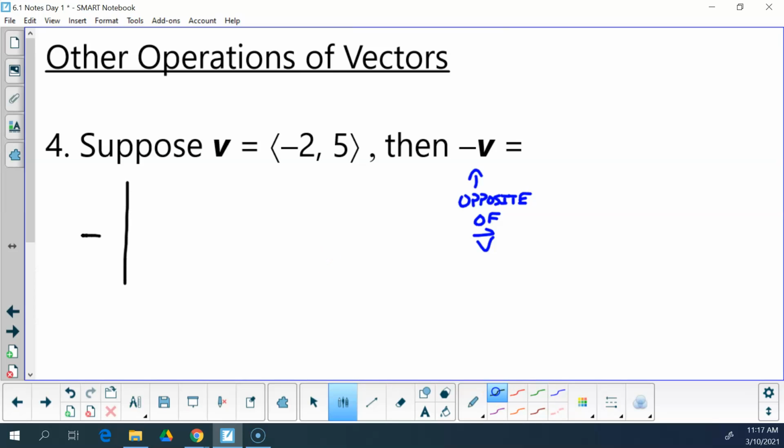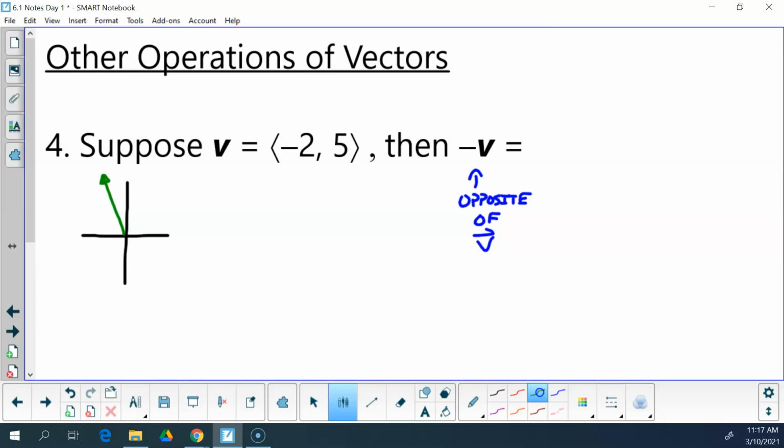If I were to draw out vector V, it would be somewhere over there. Because it would have a horizontal component of -2, so I'd go left 2. It'd have a vertical component of 5, so I'd go up 5.